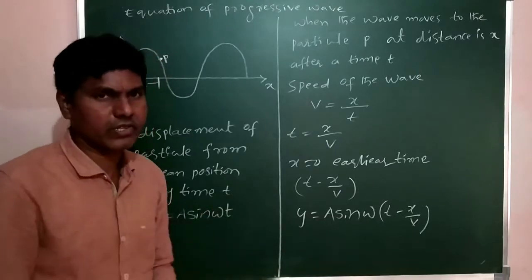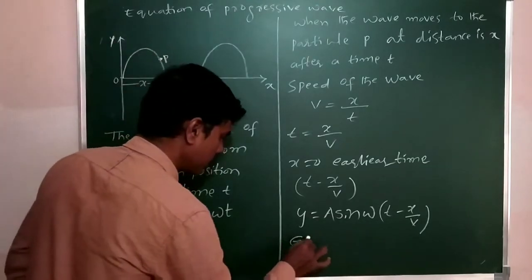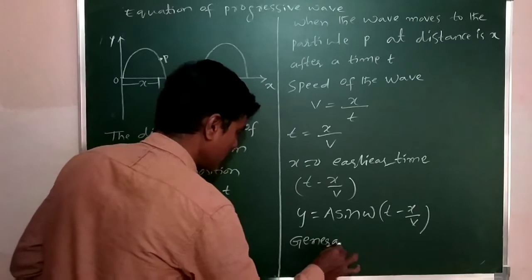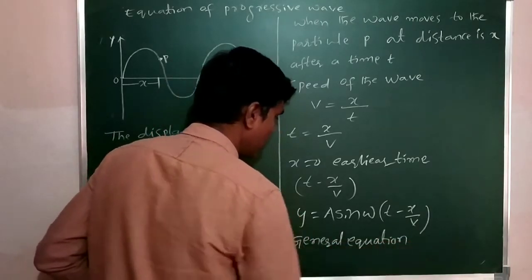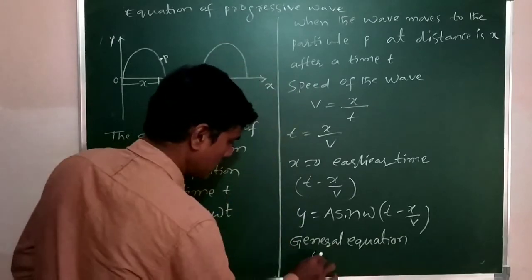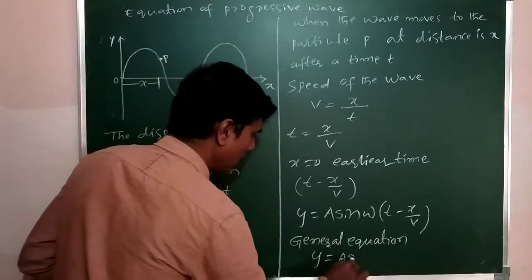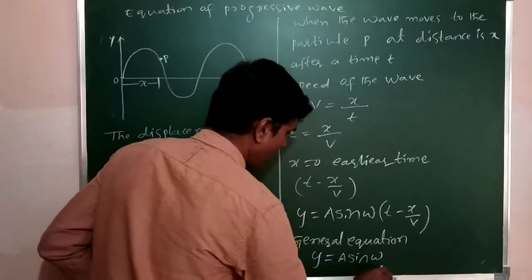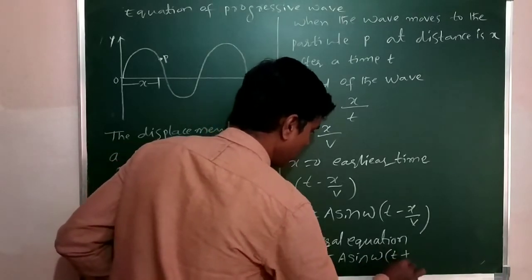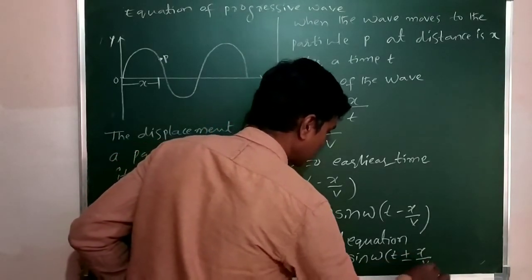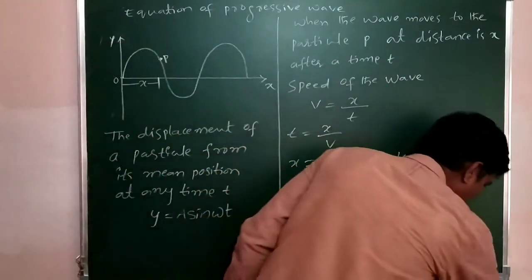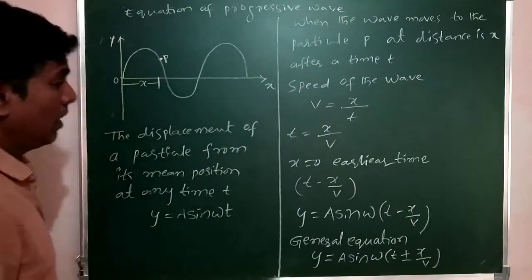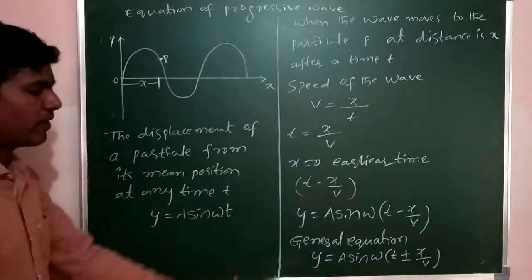So the general equation can be written as y equal to a sin omega t plus or minus x by v. This is the general equation of the progressive wave, and we have to modify it.